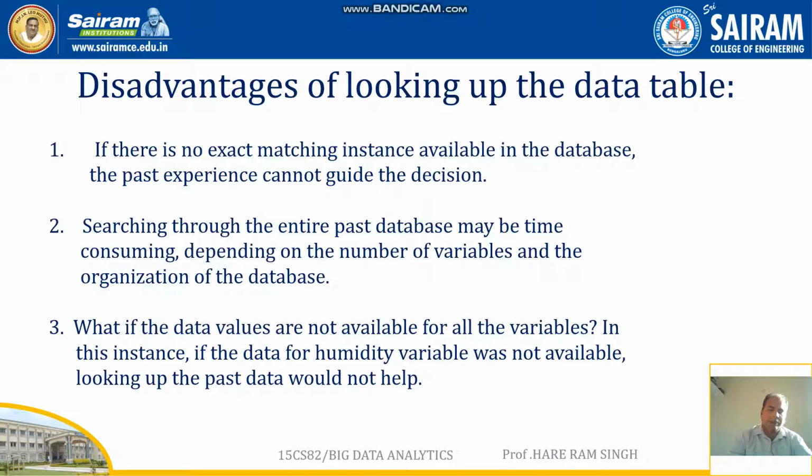The third disadvantage is, what if the data values are not available for all the variables? In this instance, if the data for the humidity variable was not available, looking up the past data would not help.